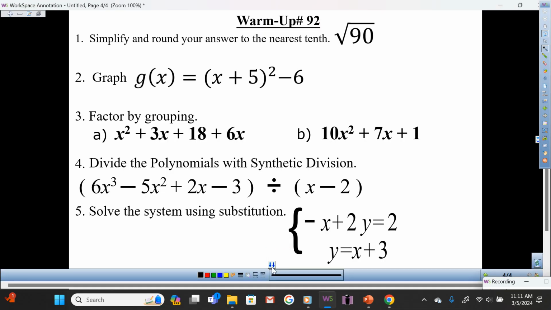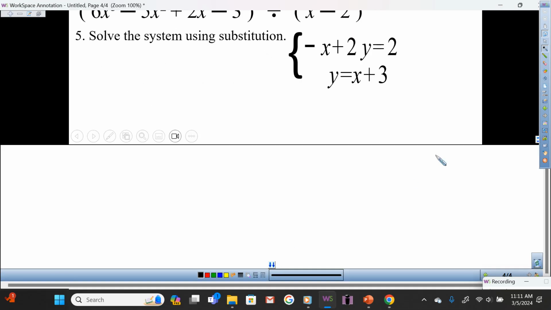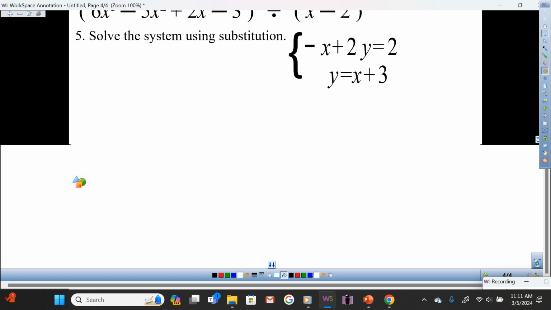And the last one, solve the system by substitution. So let's see. According to what we did in Algebra 1, and I touched on these about a month ago on the warm-ups as well, is that correct? Substitution, we need to substitute one equation into the other.